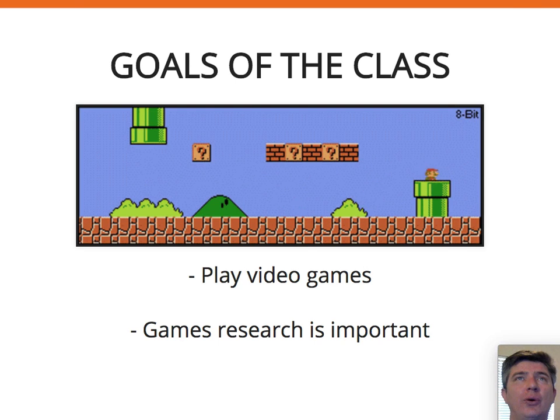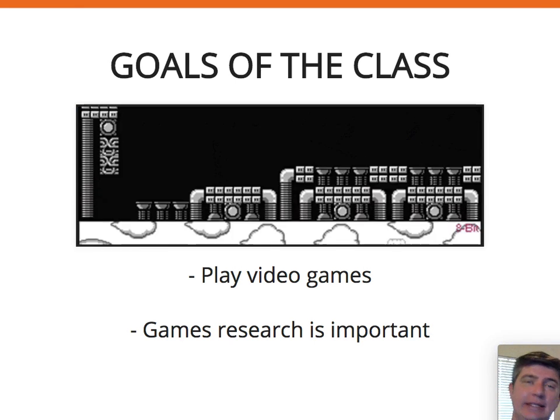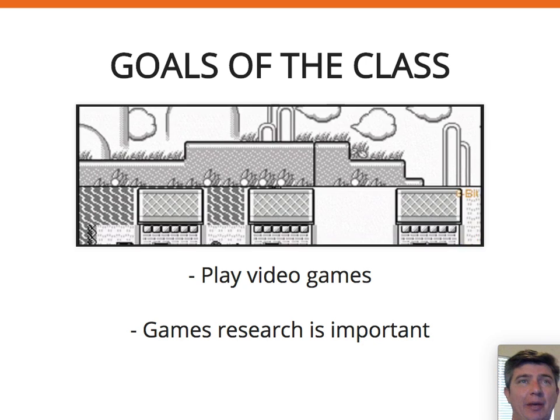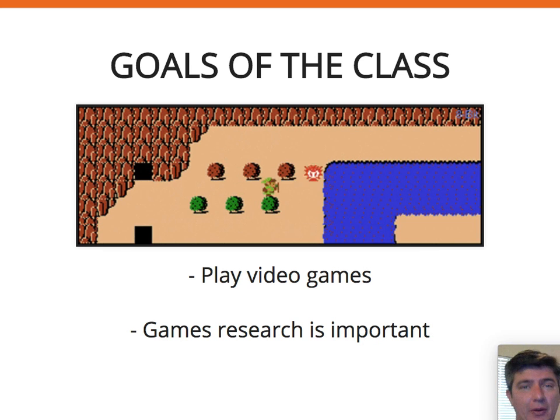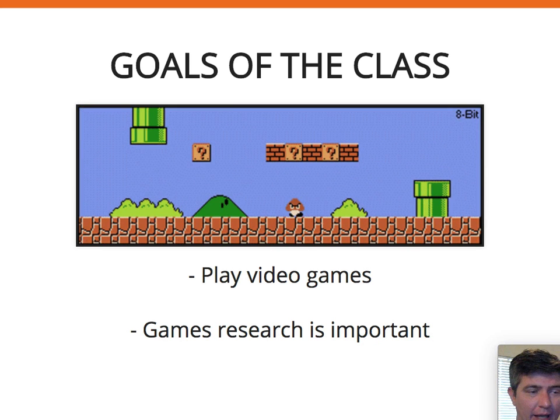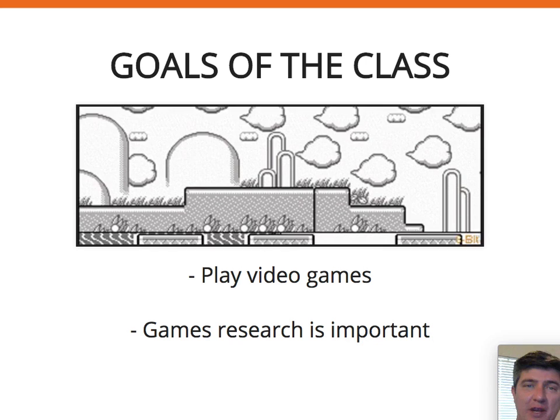Another big goal of the class overall is to definitely play video games. And this is a very important topic overall. When somebody asks you, why are you playing more video games this month? You say, I am doing game research. Game research is an important aspect of all of this, which means you have to be playing video games.